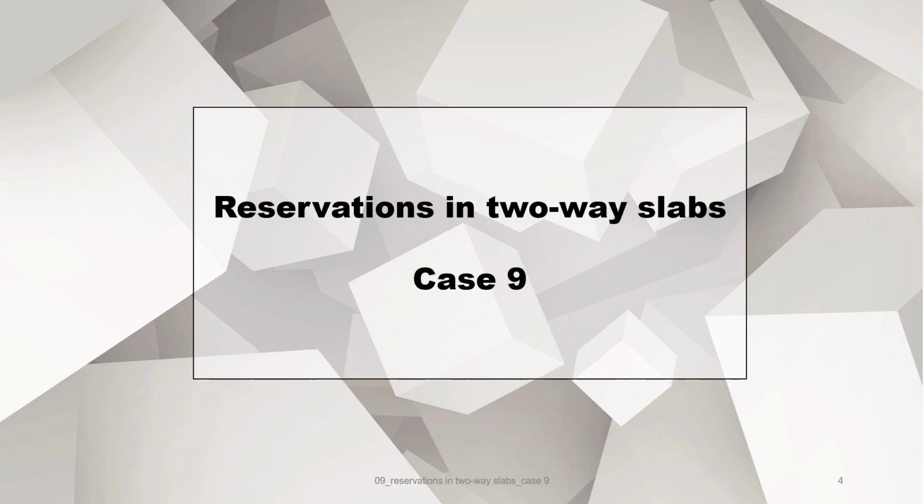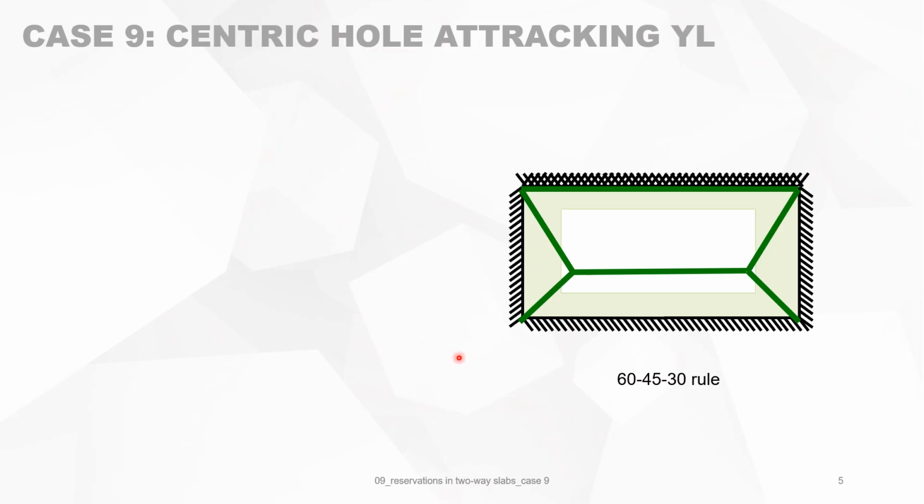In normal cases, when you have a two-way slab, we can estimate where the yield lines are, and we use for that the 60, 45, 30 rule. It means when one side is fixed, that's 60 degrees, the other side is 30 degrees, and 45 when both sides are equal. So that's the 60, 45, 30 rule.